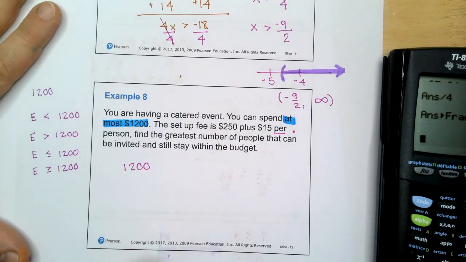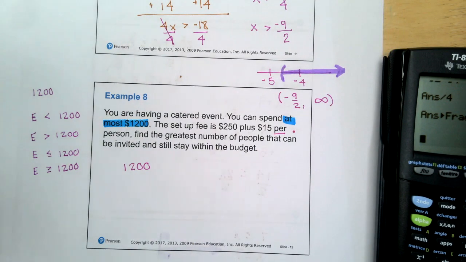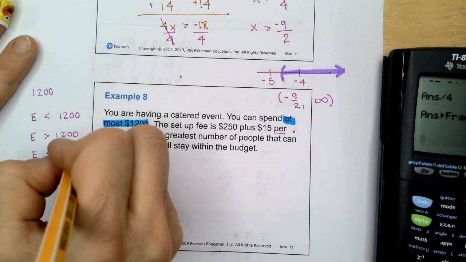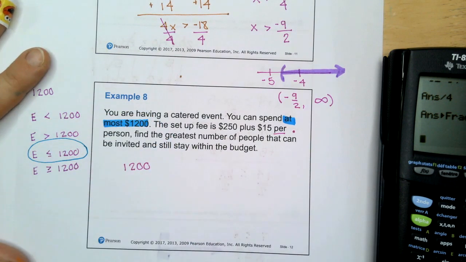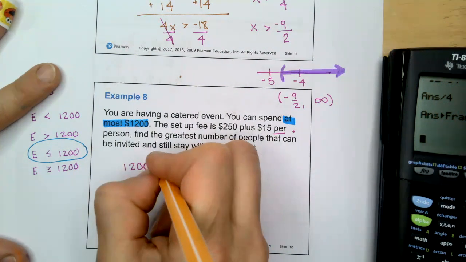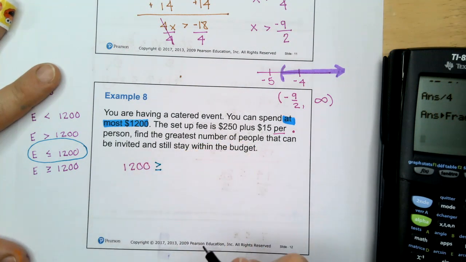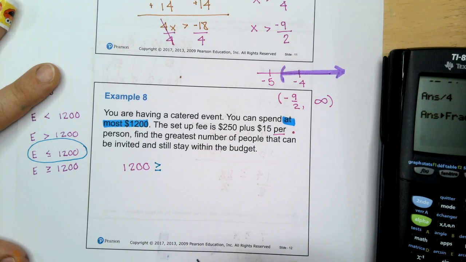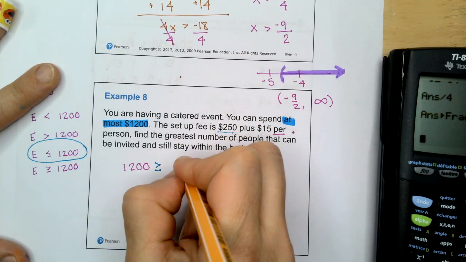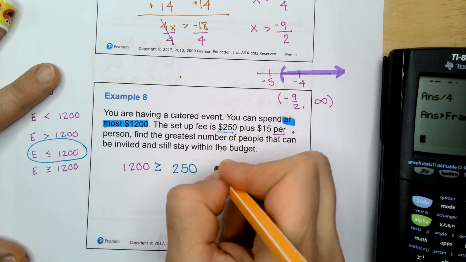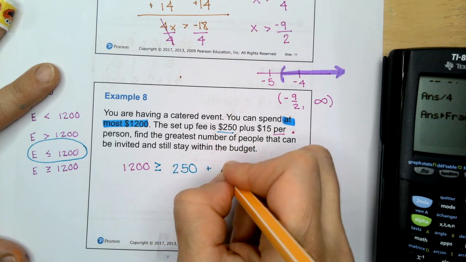I cannot spend more than $1,200. So 1,200 is greater than or equal to the 250 they're going to charge me to come, plus each person is going to cost $15.